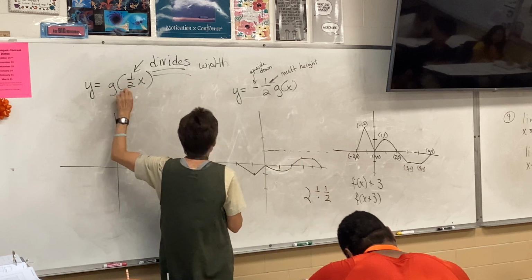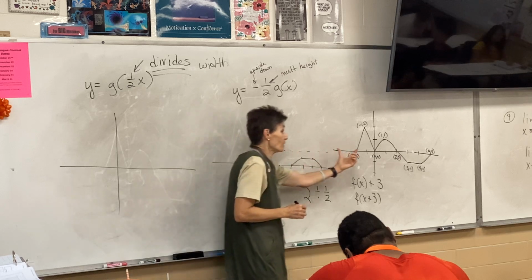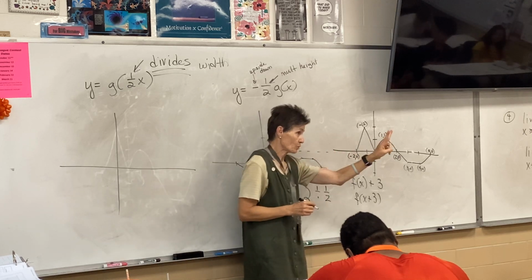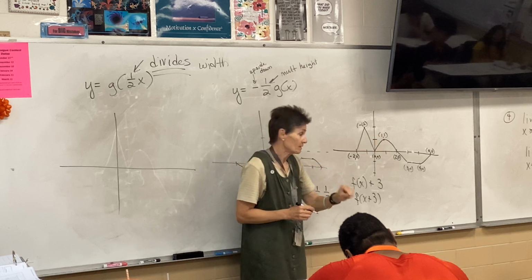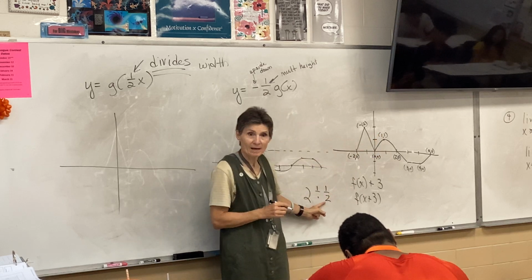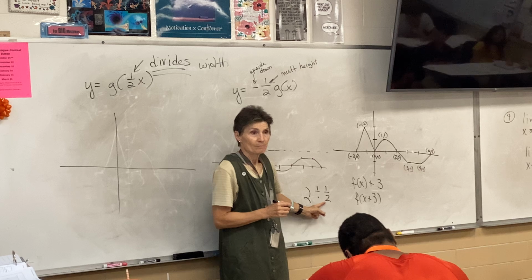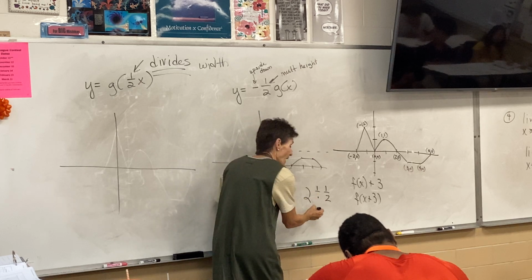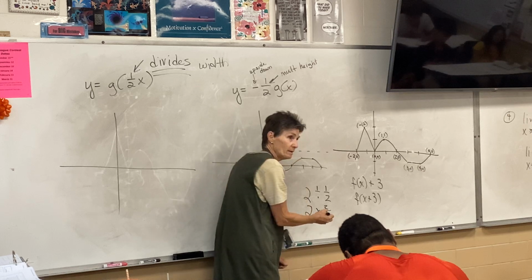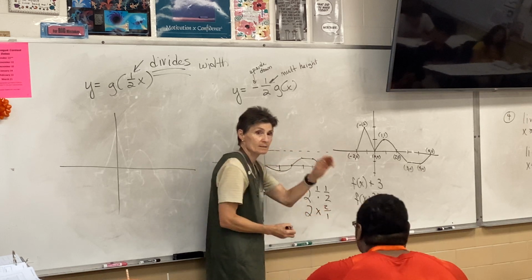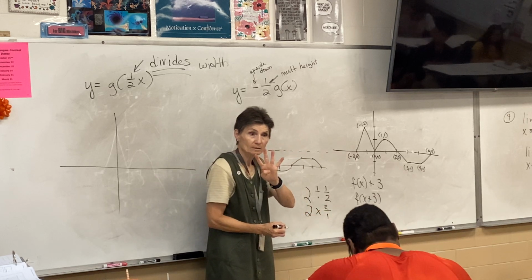This number divides the width. So that triangle was too wide originally. So the new width is going to be 2 divided by a half. Well, what's 2 divided by a half? 2 times 2 over 1, which is 4.